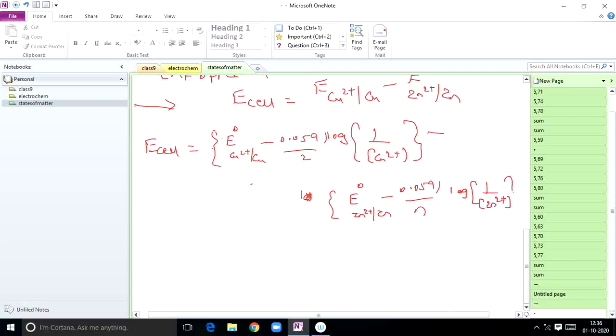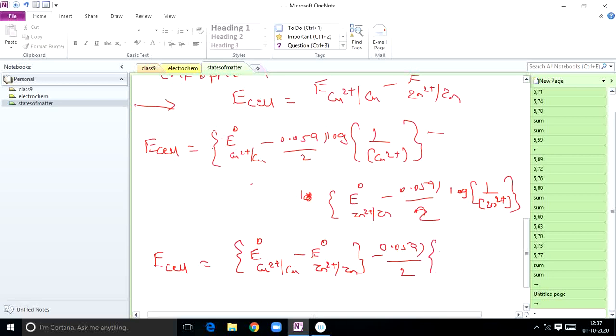Okay, after this you do the calculation. E cell is equal to, you can bring all this together: E naught Cu2+/Cu minus E naught Zn2+/Zn minus, taking common 0.0591 by 2, since n value is 2 here also.